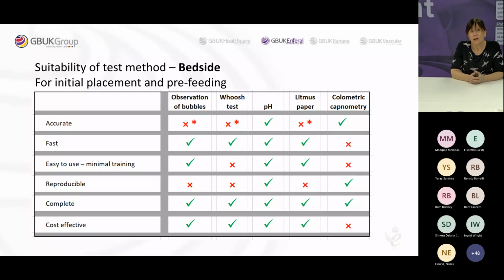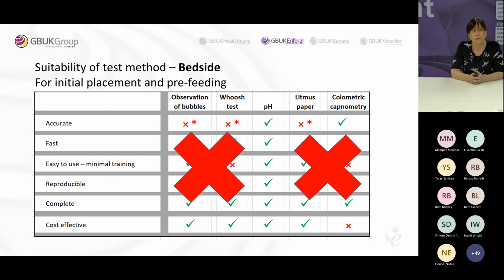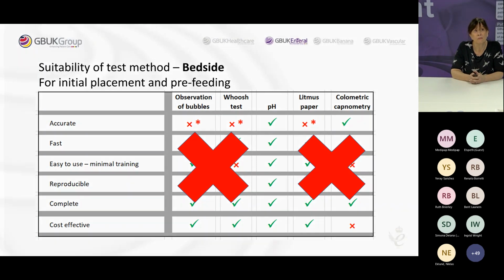So of the bedside methods, I've got capnometry at the end there because there is a bedside method that's been developed for using that. However, there's only really pH that is able to fulfill all of the criteria that we discussed earlier that the ideal test should have. So it's accurate, fast, easy to use, reproducible, complete and cost effective.